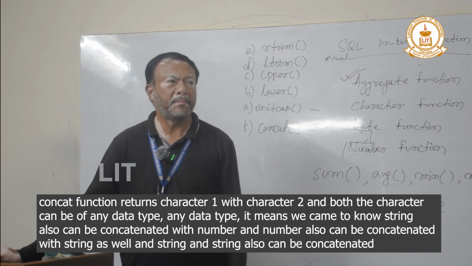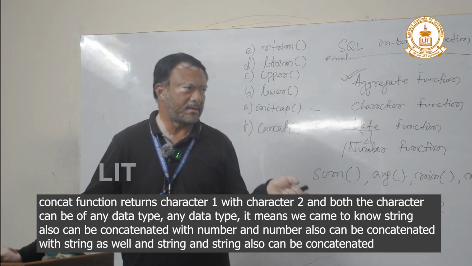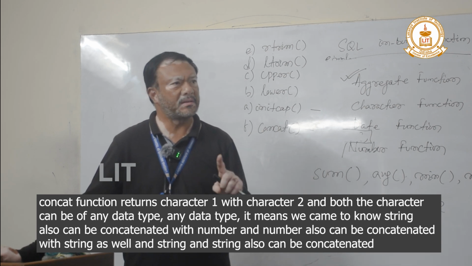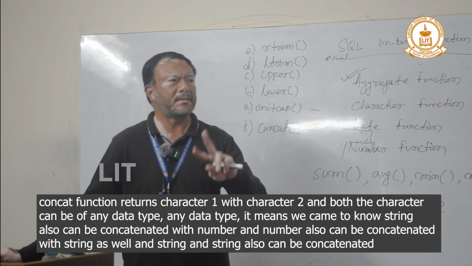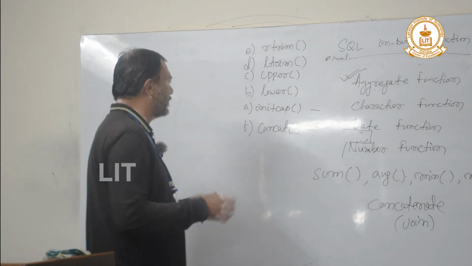It means a string can be concatenated with a number, a number can be concatenated with a string as well, and strings can be concatenated too. Let's see whether it is working or not.